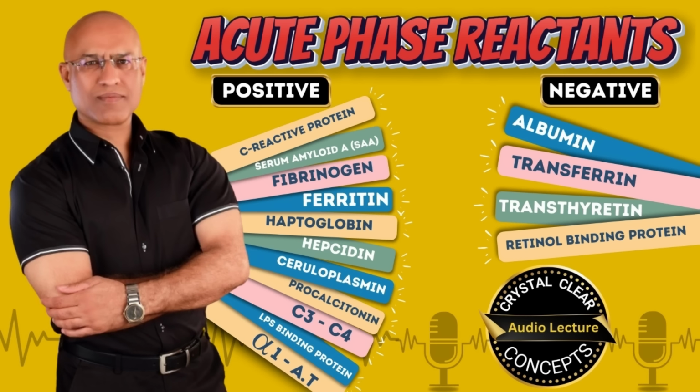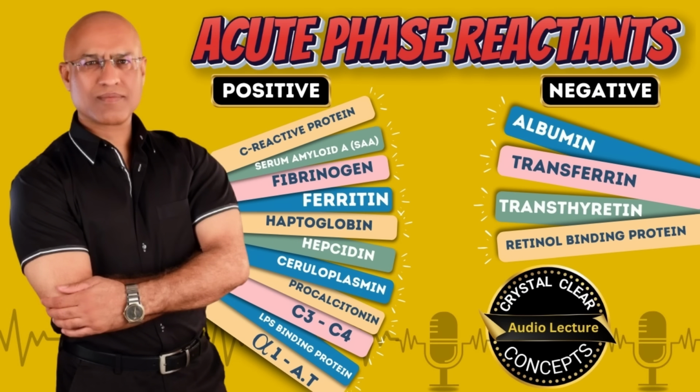They also show acute phase behavior. What do I mean by acute phase behavior? I mean there are other molecules, other than certain plasma proteins, which increase or decrease in concentration whenever our tissue is significantly damaged, right?